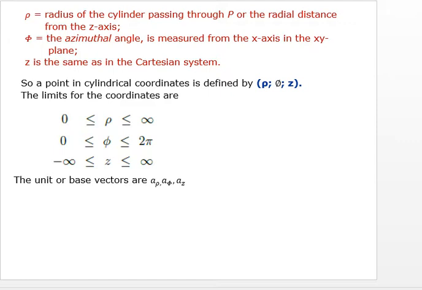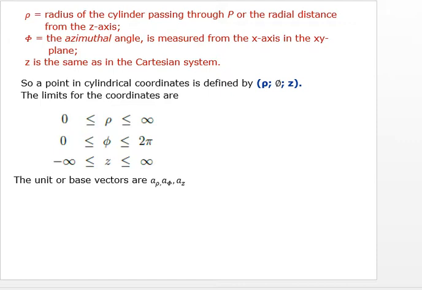The limits of the coordinate system are, for the variable rho, 0 to infinity, for the azimuthal angle phi, 0 to 2 pi, and for the variable z, the range is minus infinity to infinity, same as the Cartesian coordinate system.